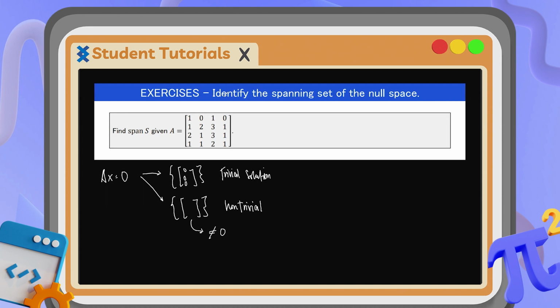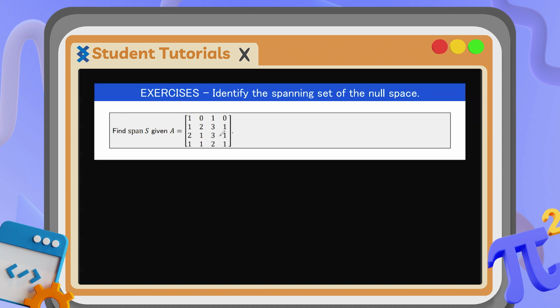So let's find out whether this has a spanning set of a trivial vector space or not, or basically if it has only a zero vector or not.